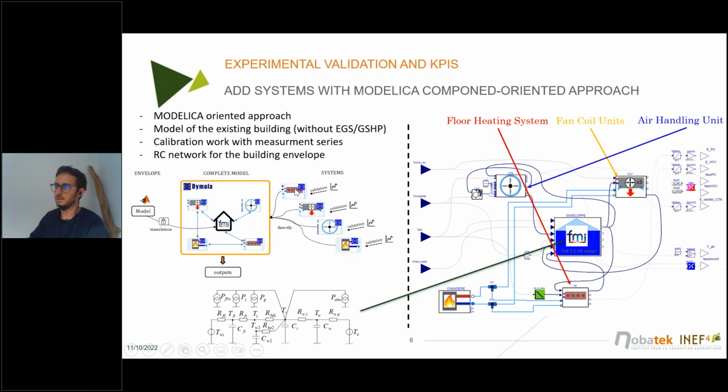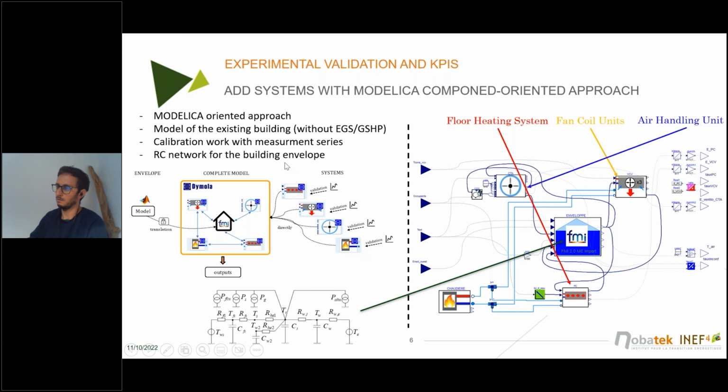So in the building, there is a floor heating system. There are fan coil units that provide heat. There are also air handling units, which have no link with the geothermal system, but we have to model them. And we have the gas boiler, which is the production system before the retrofit.